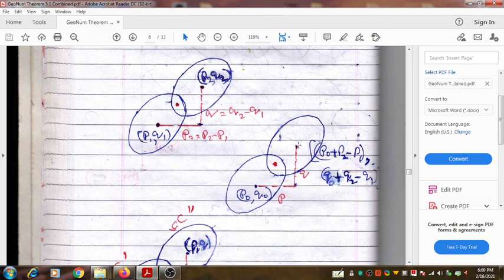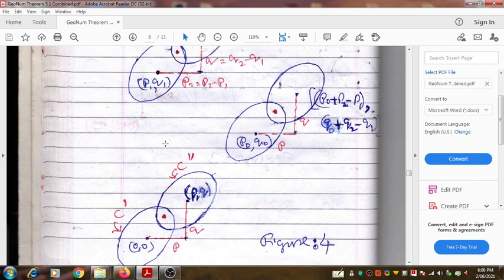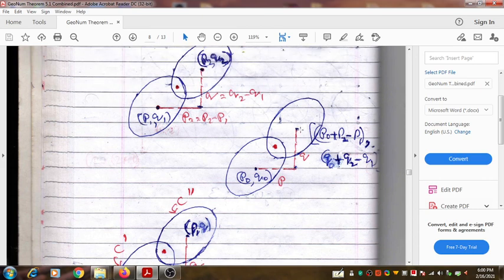You can verify that that is a lattice point, because p0 and q0 are already integers, and p2 minus p1 is added to p0, so it's an integer, and q0 plus q2 minus q1 is also an integer. Since this new point is a lattice point, you can take a translate having its center at the newly obtained point.